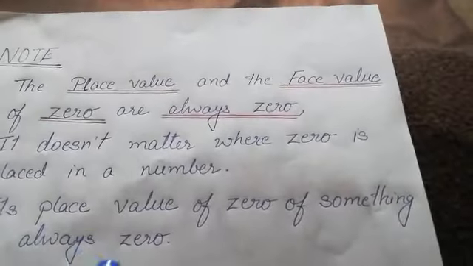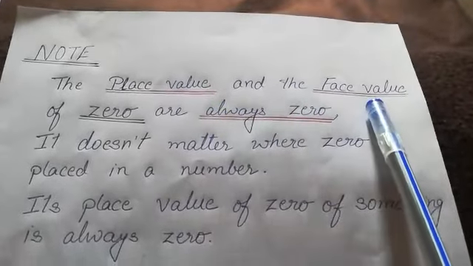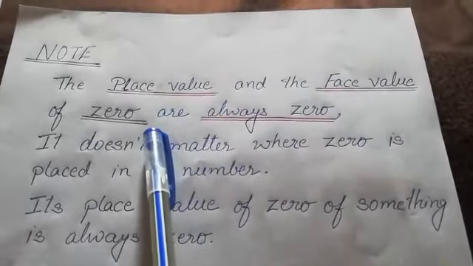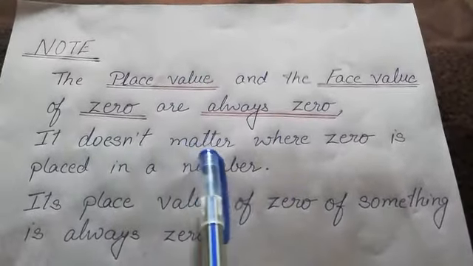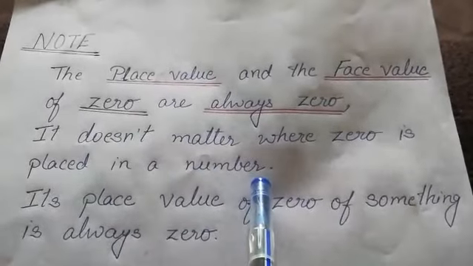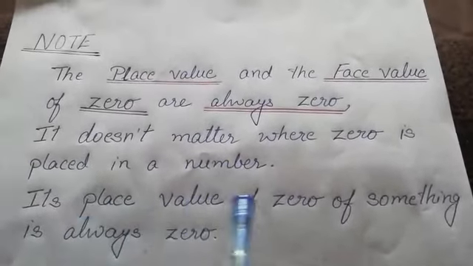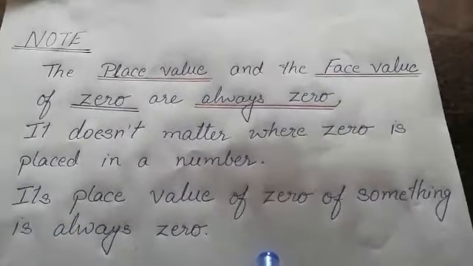So pay attention again, the place value and the face value of 0 are always 0. It doesn't matter where 0 is placed in a number.